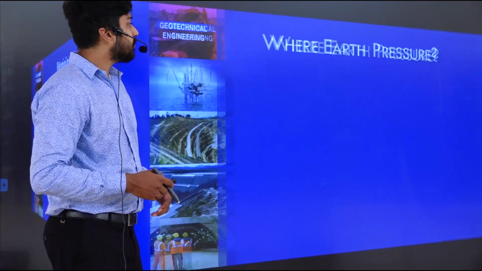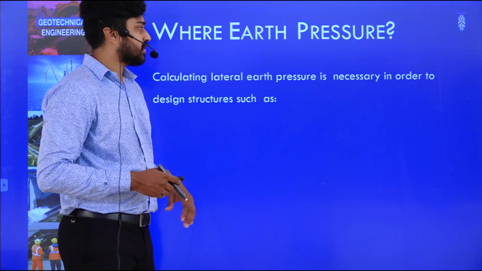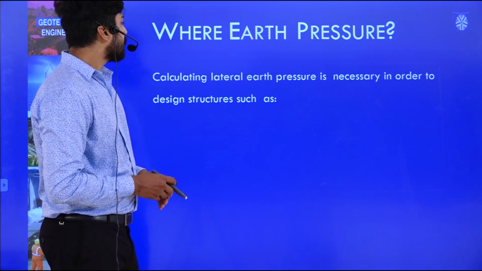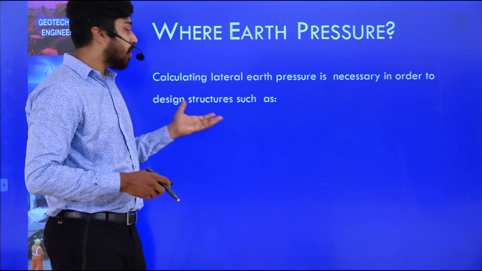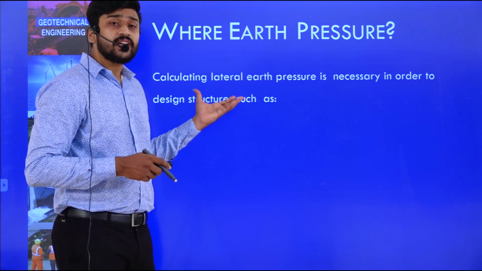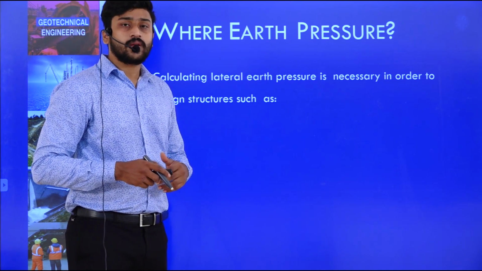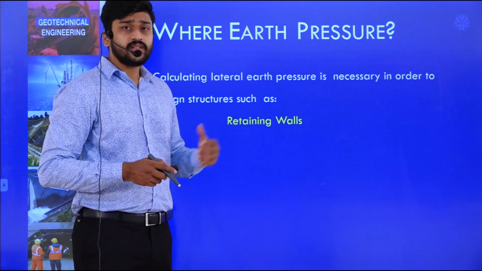Now coming to where exactly we consider this earth pressure, since we are talking about the lateral earth pressure. Calculating the earth pressure is necessary in order to design structures. That means we need the lateral earth pressure to design a structure, say a retaining wall. The first example is the retaining wall.